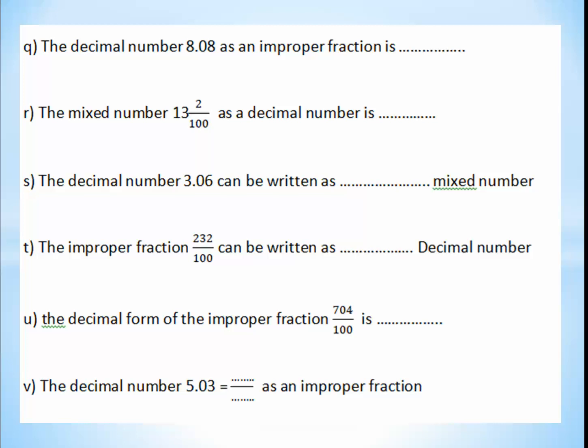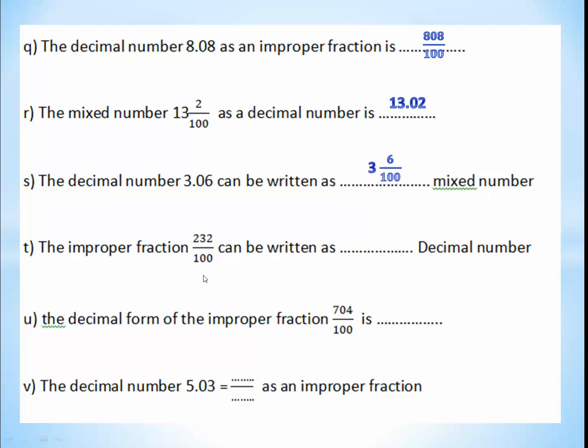If he asks me to write it as an improper fraction, we are going to put the whole number 808 over 100. The mixed number 13 and 2 hundredths as a decimal means 13.02. The decimal number 3.06 can be written as the mixed number 3 and 6 hundredths.